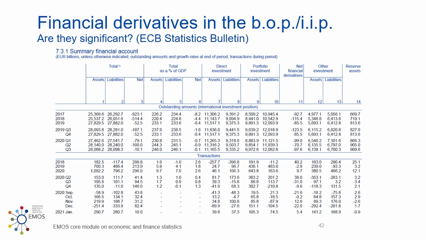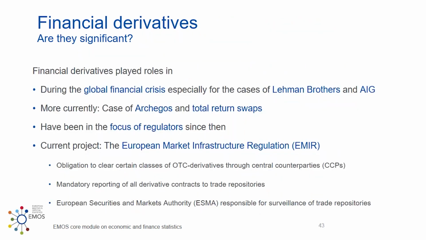But on the other hand, as I already mentioned, this is the net presentation, so obviously you would have to compare the difference between assets and liabilities with this number. And even then you see that the difference in the positions is rather substantial, or that is a different category compared to these roughly negative 100 billion in the net financial derivatives. So let's talk about whether they are significant, although the numbers don't necessarily look like it.